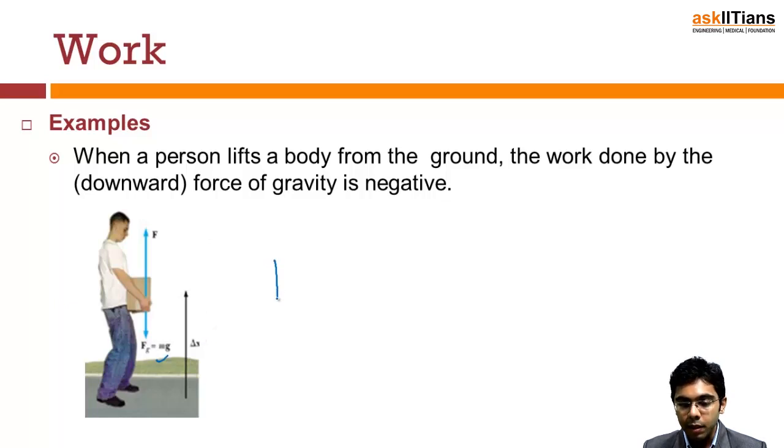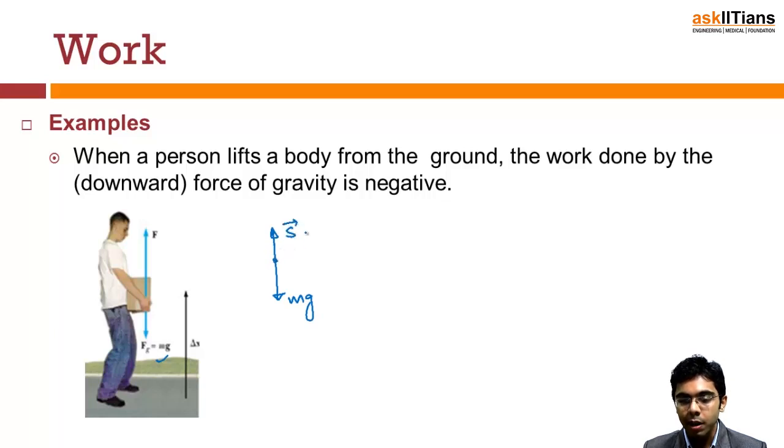So mg for the block will always be along the vertical downward direction, but as the person is lifting this block, the displacement will be along the vertically upward direction.